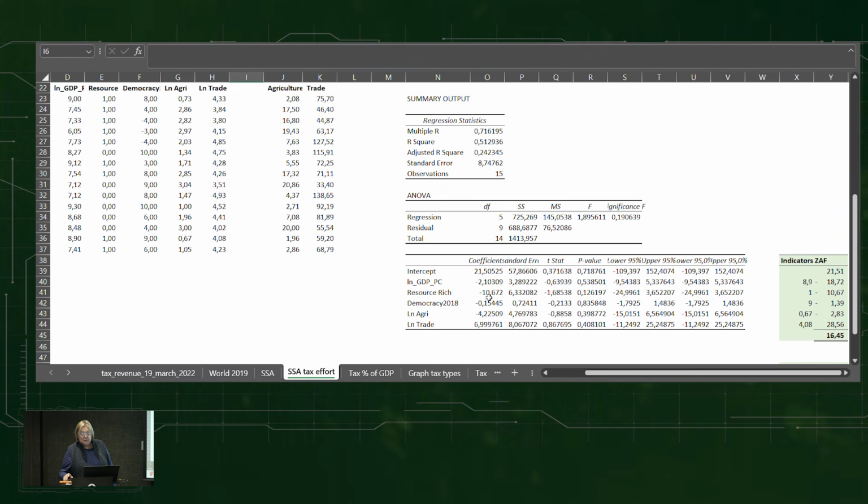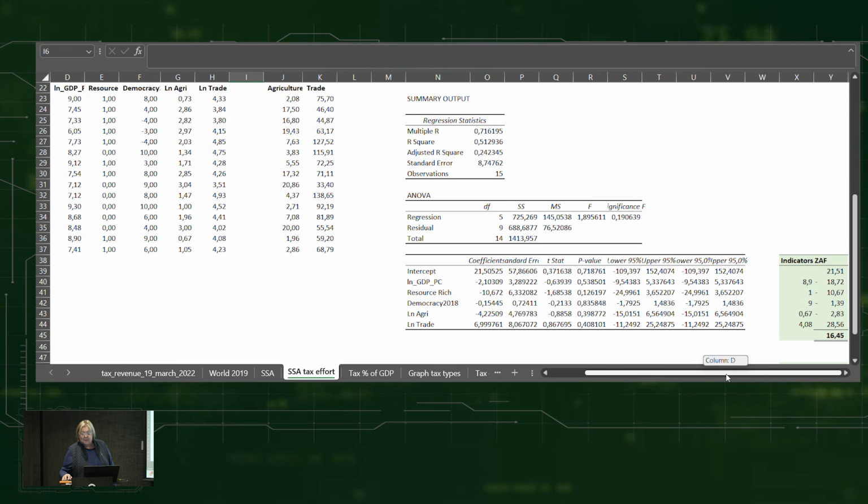For resource rich, you've got a coefficient. For democracy, and you must remember this is now for all the countries that we have in this table. So this is the outcome of the coefficients or the buoyancy ratios for tax to GDP to these variables that we've chosen. And then you've got democracy, and you've got agriculture, and you've got trade.